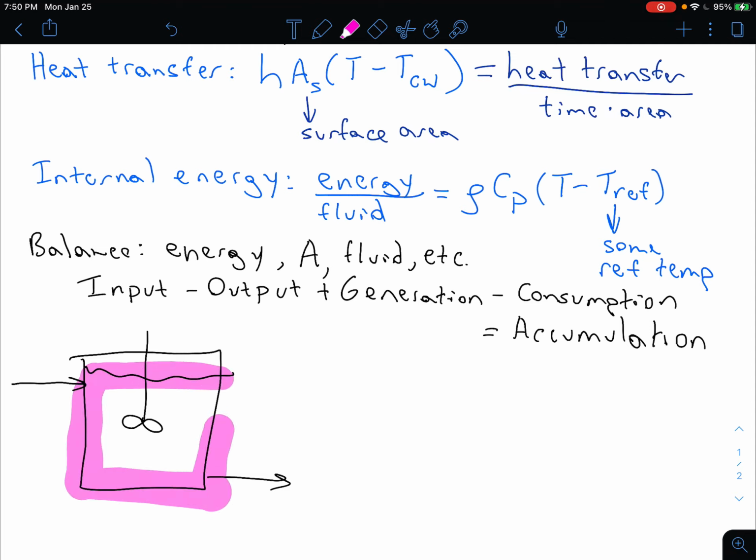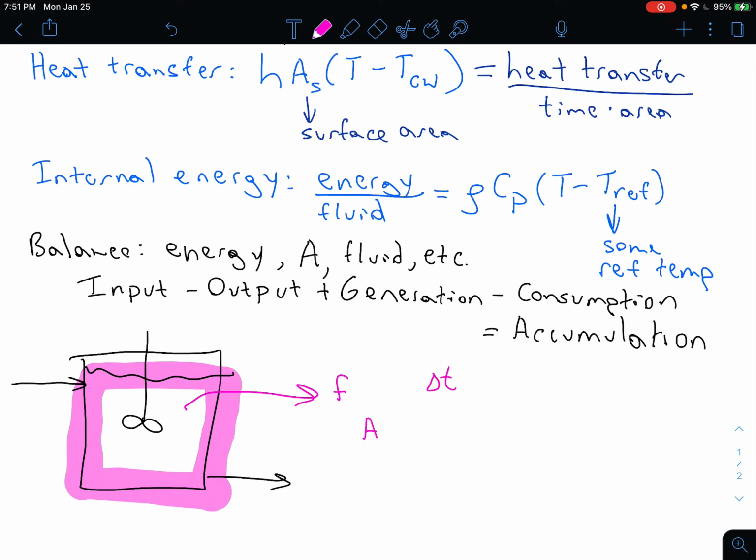If my control volume is the tank itself, and let's just say that I am balancing some quantity F. I don't actually want to specify what F is, but what I do want to say is that when I do these balances, I actually am looking at some incremental time. So I'm looking at what has happened in this tank over a time interval delta t.